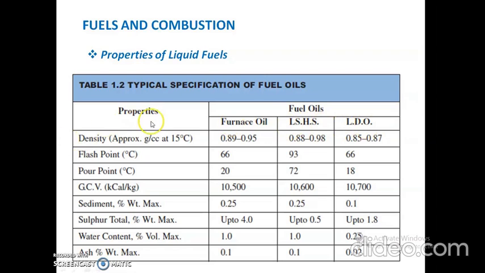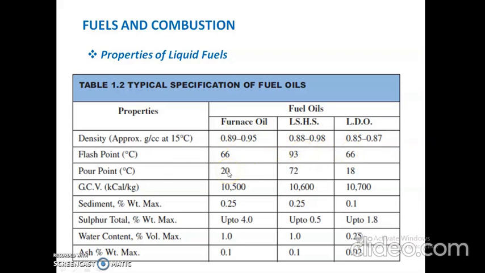On properties, you will find that density is quite comparable, but LDO has, of course, low density compared to the other two. The flash point of FO and LDO is less, which is good. For LS, HS, it is quite high.